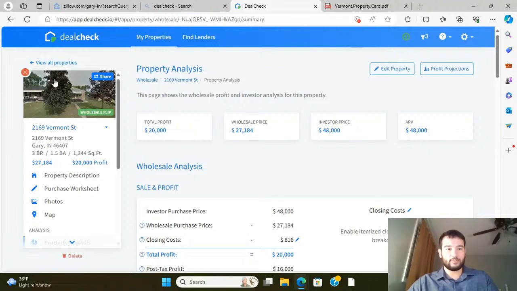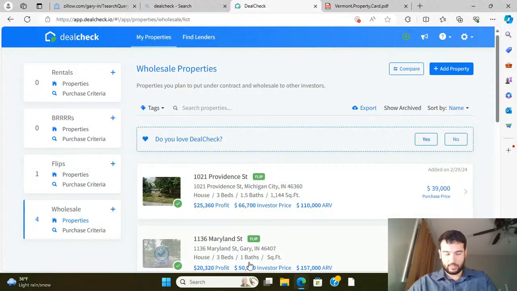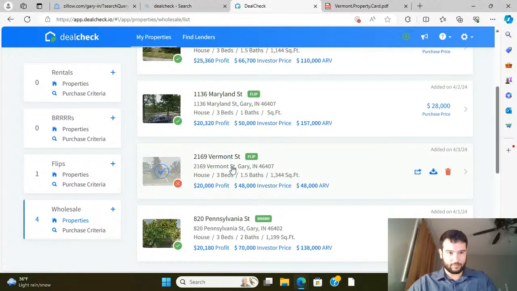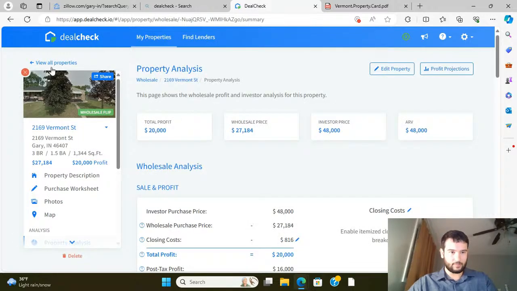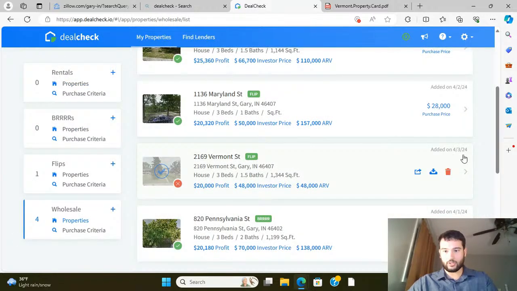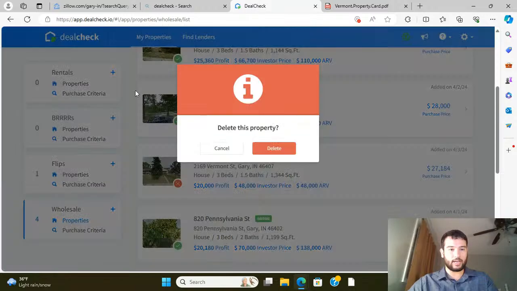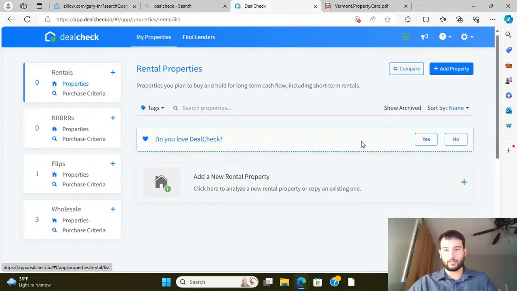Damn it, I wonder if I can flip it over. Let me add this to, I put this in the wholesale on accident, and I should have gone rentals because you guys looked to purchase, and there we go.